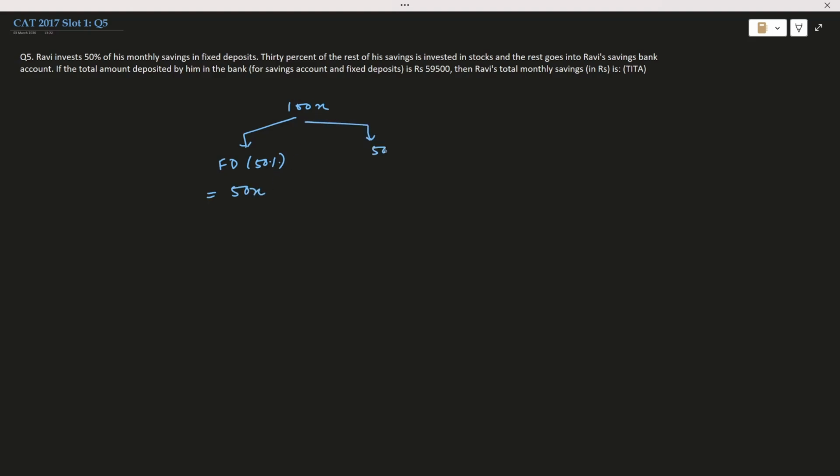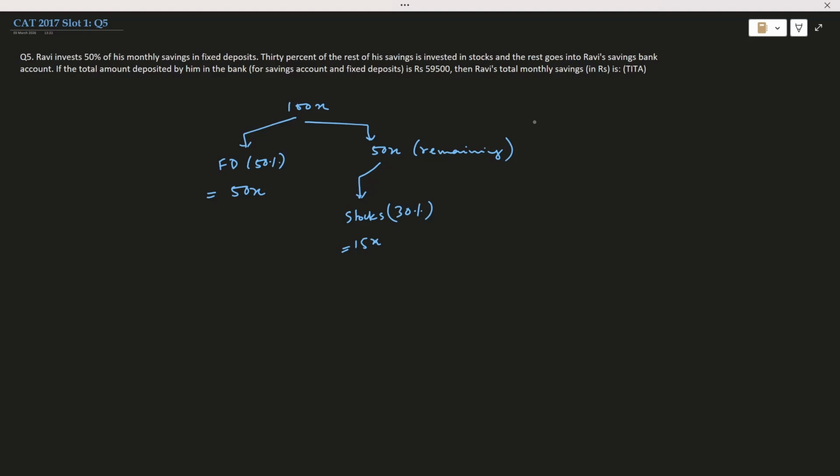The remaining will be 50x. 30% of the rest of his savings, so 30% of this is invested in stocks. 30% means 3 by 10. So 3/10 of 50x will give me 15x, right? 3 by 10 into 50.